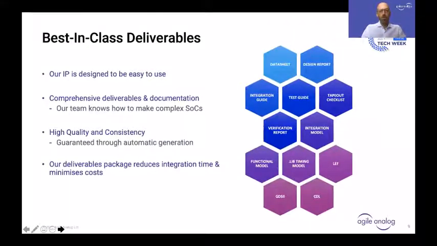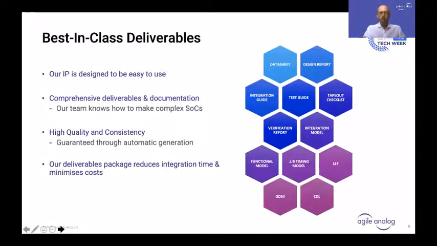Let's look at our deliverables. So our team at Agile Analog comes from an SoC background. We've all had IP delivered to us or delivered our IP to other people. There's both internal IP and external IP.